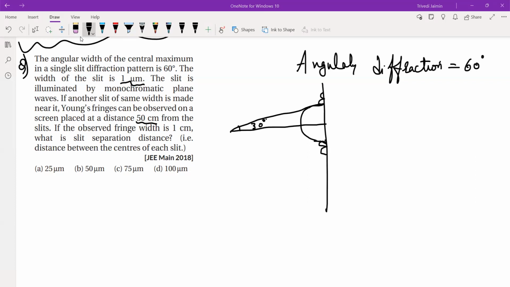So we got one angle, theta, that is 30 degree. We have 1 micrometer, that is 10 to the power minus 6.